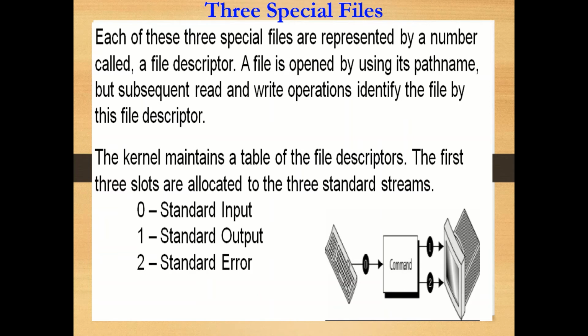The kernel maintains a table of file descriptors. The first three slots are allocated to these standard streams: 0 for standard input, 1 for standard output, 2 for standard error. The below figure shows the file descriptors.